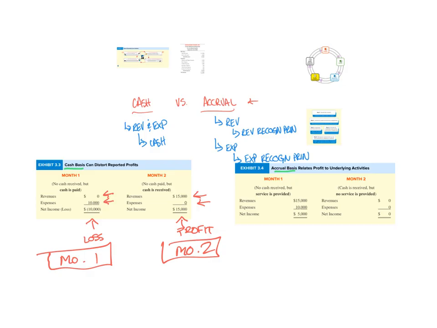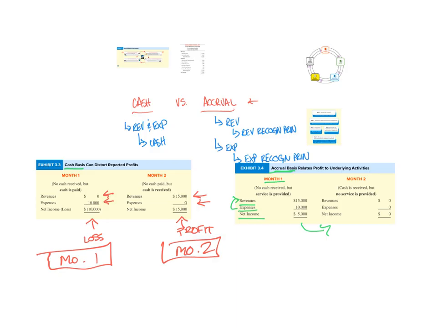Notice that even though cash was not collected until the following month, we still record revenue under accrual basis accounting in month 1 because that's when the performance obligation, or the goods or services, were provided to the customer. And then the expenses that it took to provide those goods and services are matched with those revenues in the same month, thereby showing a net income that has more usable value that we can then predict in the future.